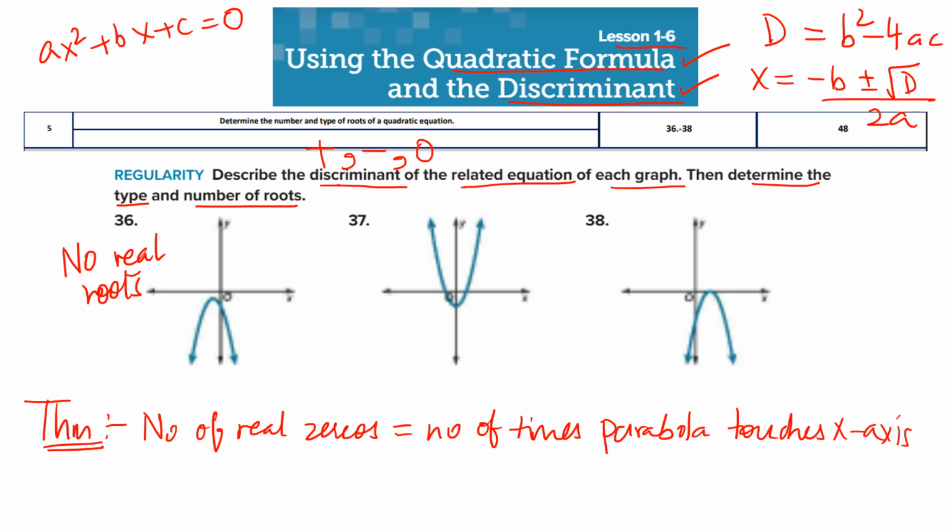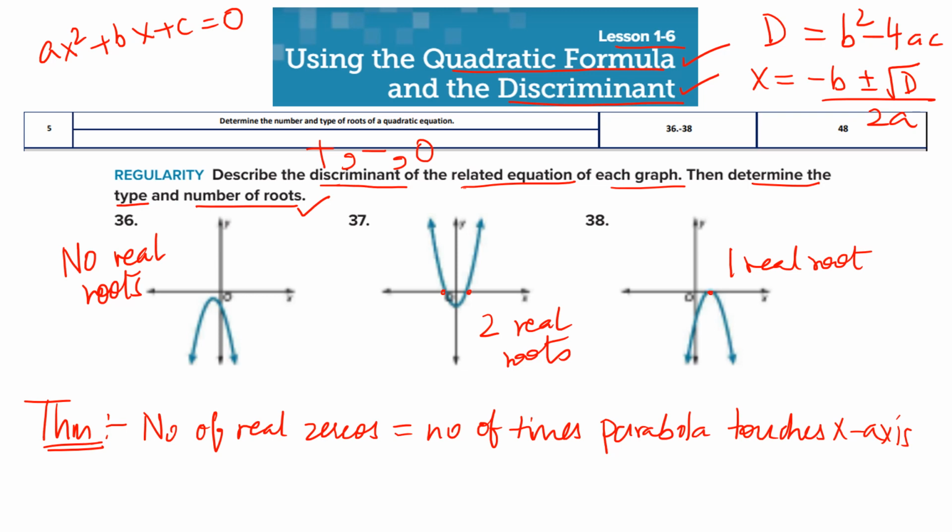So it's very easy. Here it is not touching, so no real zeros, zero roots. Here it is touching 1 and 2 two times, so two real roots. Here it is touching only one time, so one real root. So the number of roots is done.